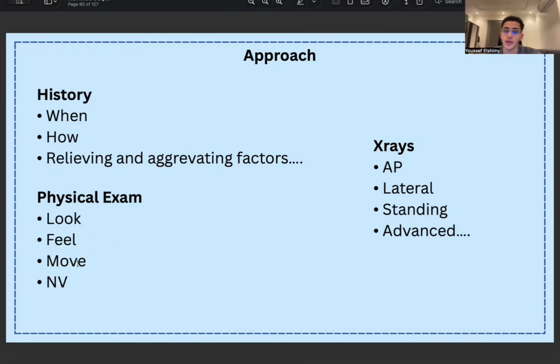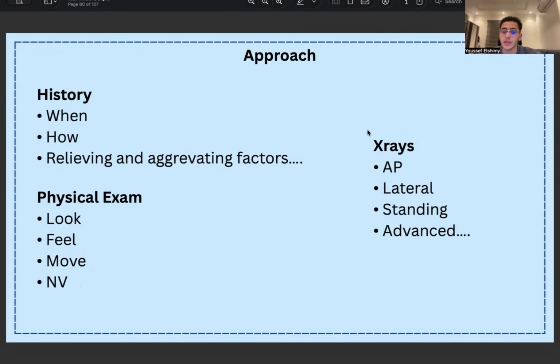And you also have to assess the nerves as well as the vasculature, whether there are nerve problems or blood supply problems. This might be, for example, the underlying cause of the joint pain, or the joint problem might have led to the nerves and vasculature being affected as well.